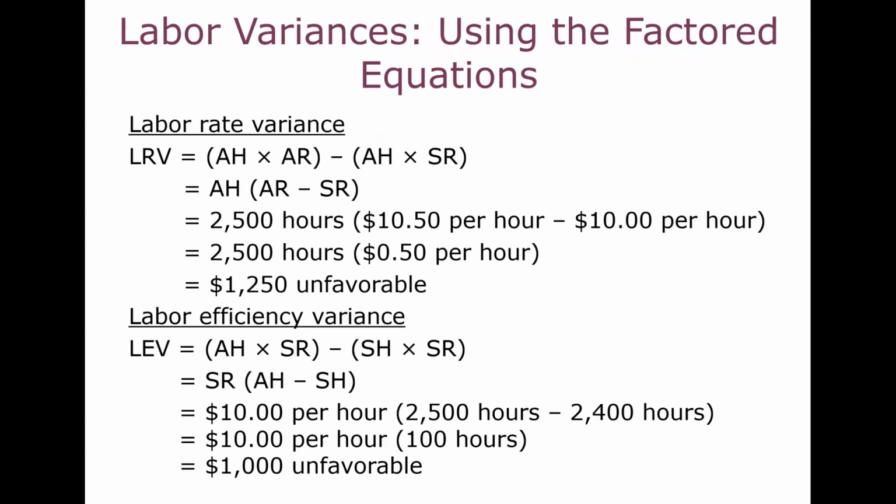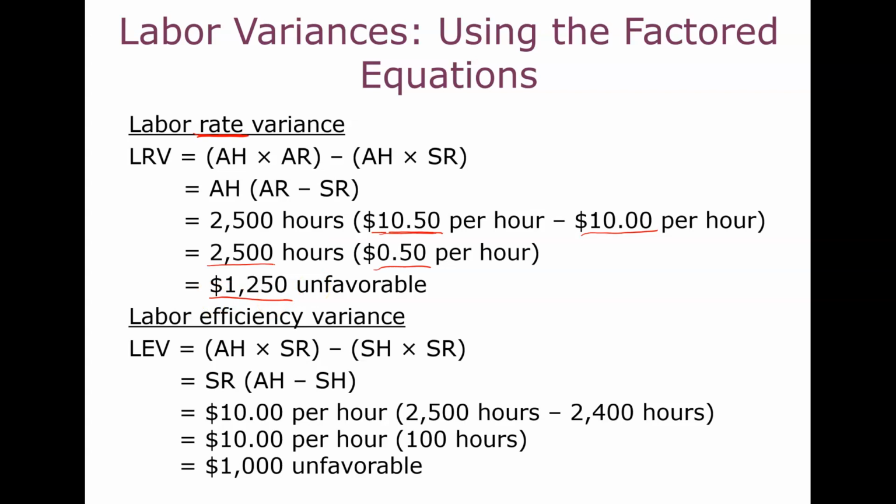Here's the algebraic equation way to get the same thing. The labor rate variance: take what you did pay them, $10.50, minus what was budgeted, $10. That's a 50-cent difference. Take that difference and multiply it by how many hours were used, and that's where you get your unfavorable variance.